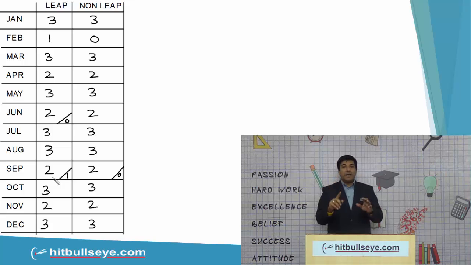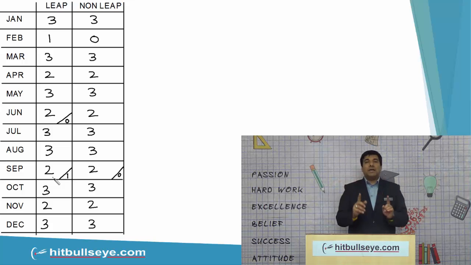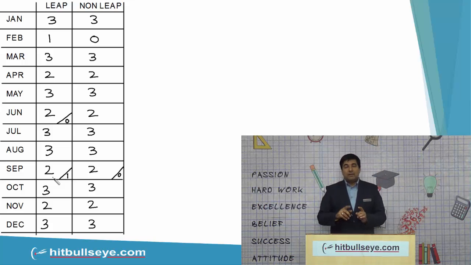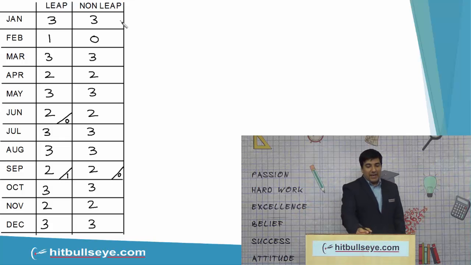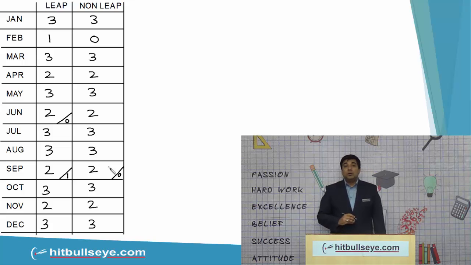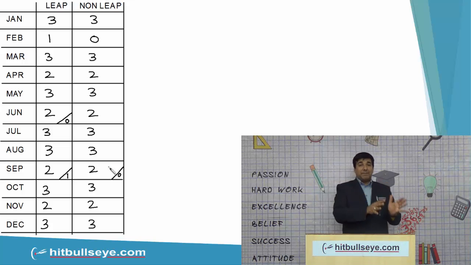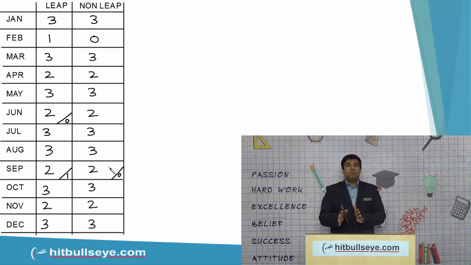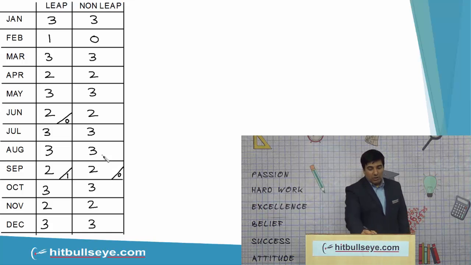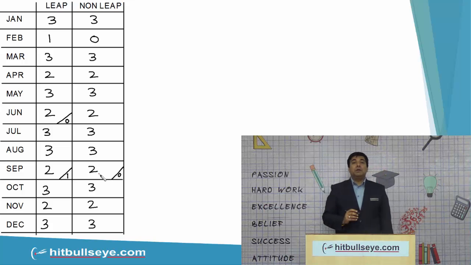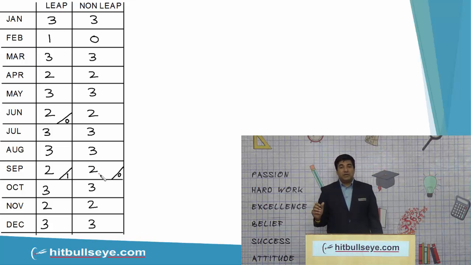That means we have one day more than a multiple of 7. Now applying this concept to a non-leap year, the total number of days up to September becomes a multiple of 7. So in a non-leap year up to September, we have no extra days.